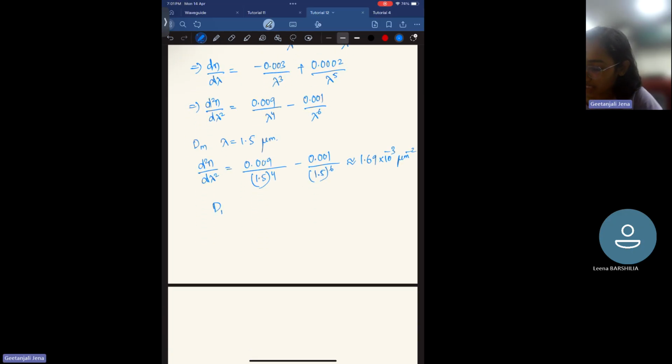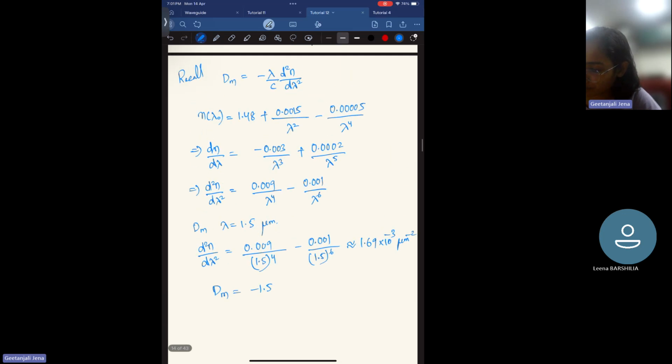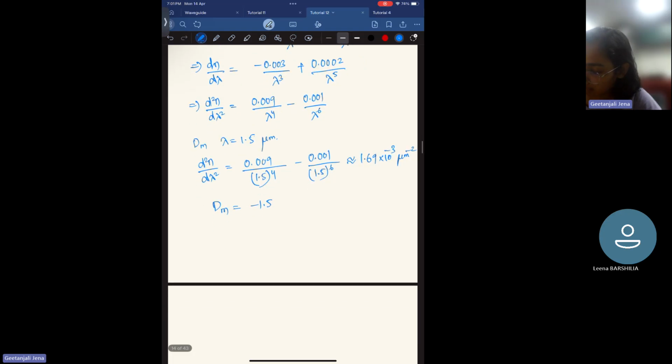Okay, so now we can calculate the value for Dm. Dm is lambda by c, 1.5 by c, which is 3 into 10 to the power 5 kilometer per second, times 1.69 times 10 to the minus 3.